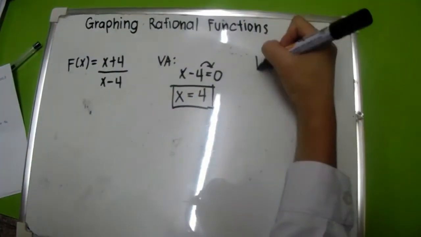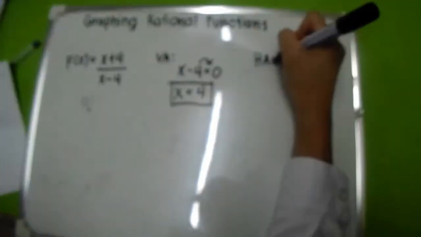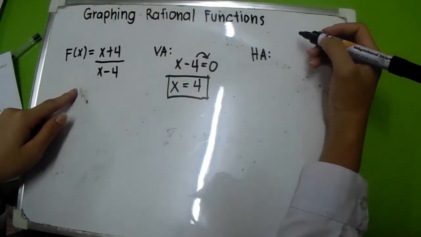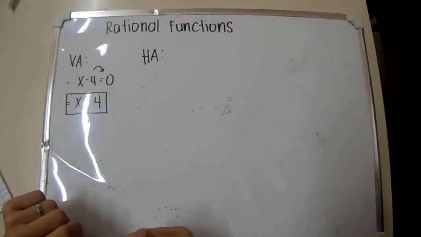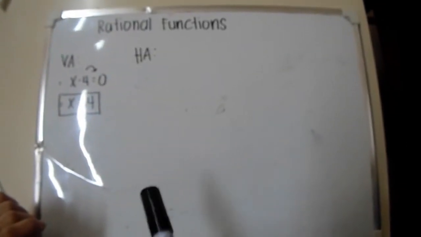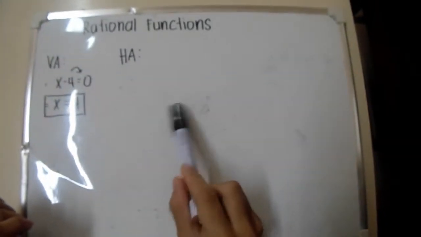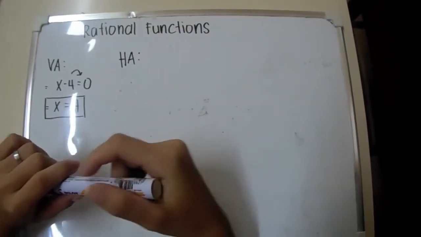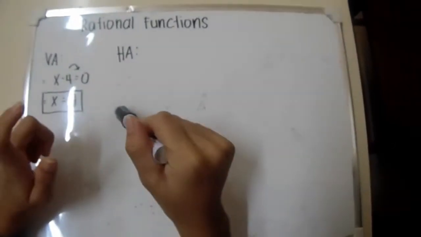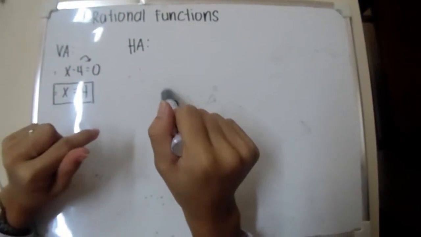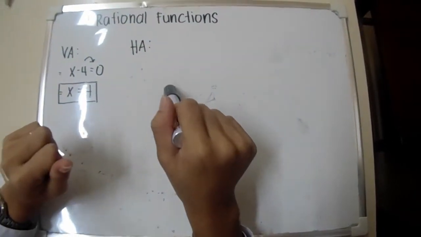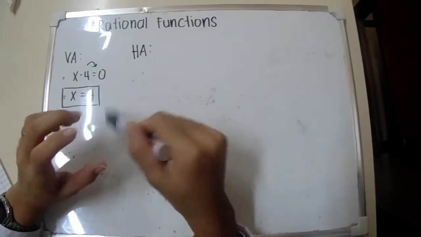In getting the horizontal asymptotes, we need to focus on the numerator and the denominator. There are 3 rules in getting the horizontal asymptotes. First, if the degree of p of x is less than the degree of q of x, then the horizontal asymptote will be 0.